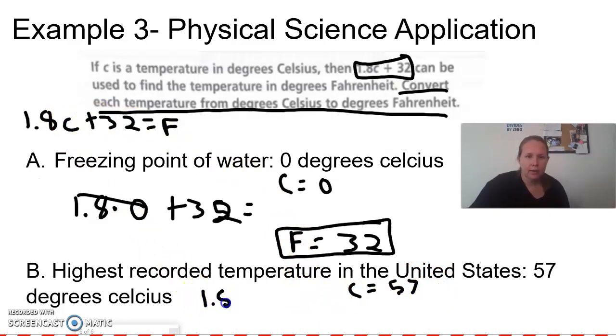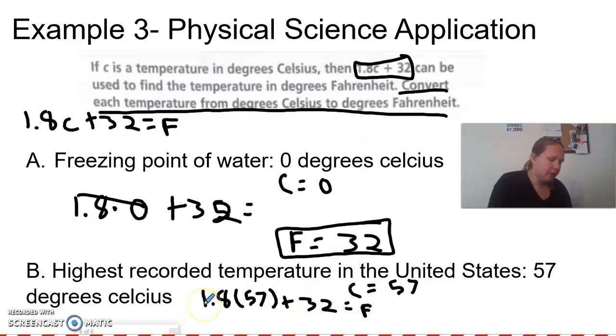So 1.8 times 57. Sometimes I write it in parentheses when I'm meaning the multiplication here. You can do either or, you can write that multiplication symbol or that dot to symbolize that. Sometimes I just write with the parentheses. Plus 32 equals F. So I'm actually going to use a calculator for this.